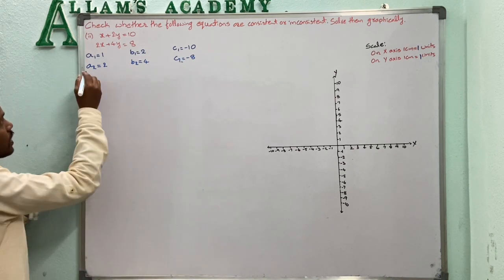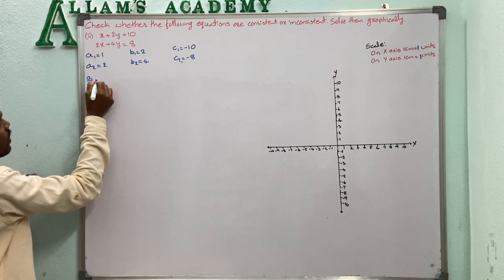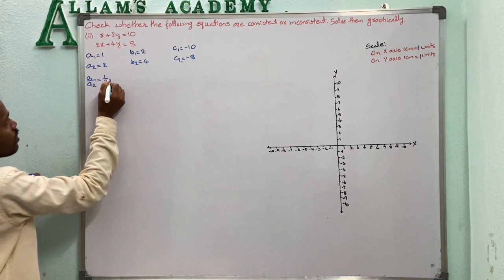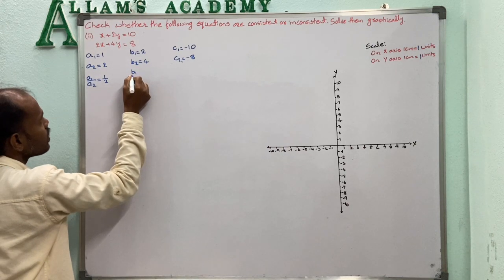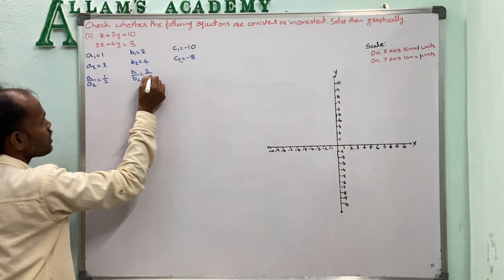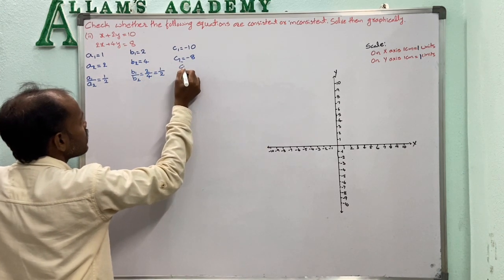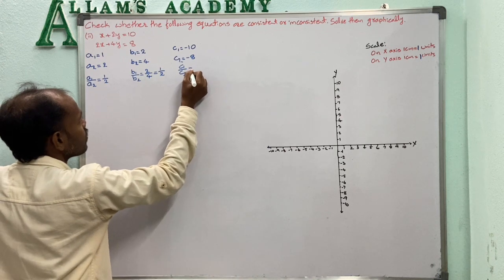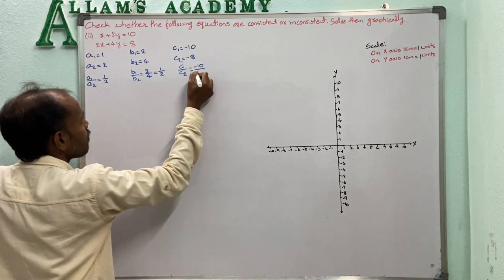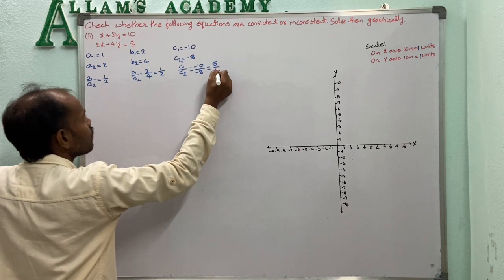Now comparing the ratios, a1 by a2 equal to 1 by 2, b1 by b2 equal to 2 by 4, that means it is nothing but 1 by 2 only. Next, c1 by c2 equal to minus 10 by minus 8, that equals 5 by 4.